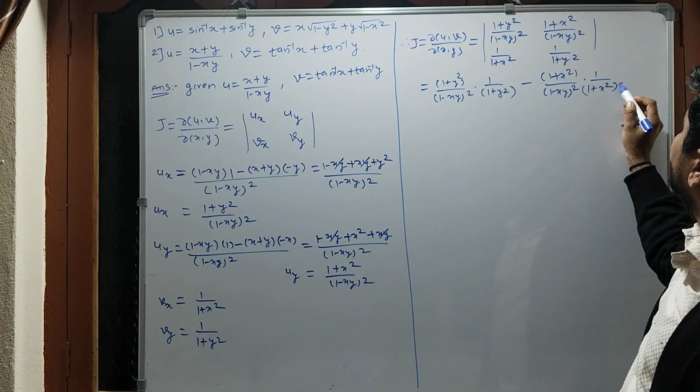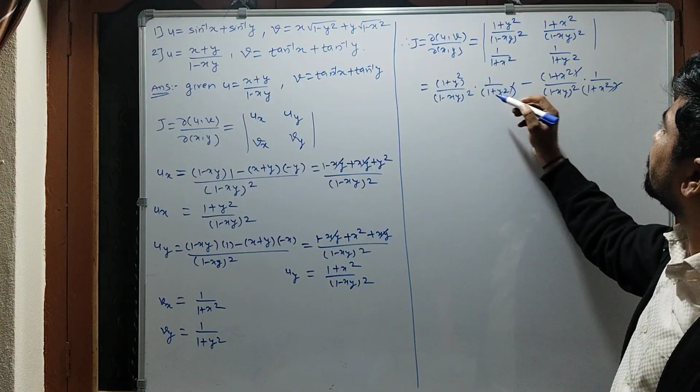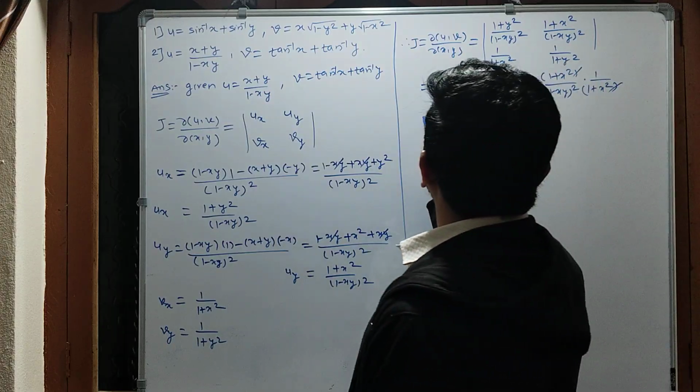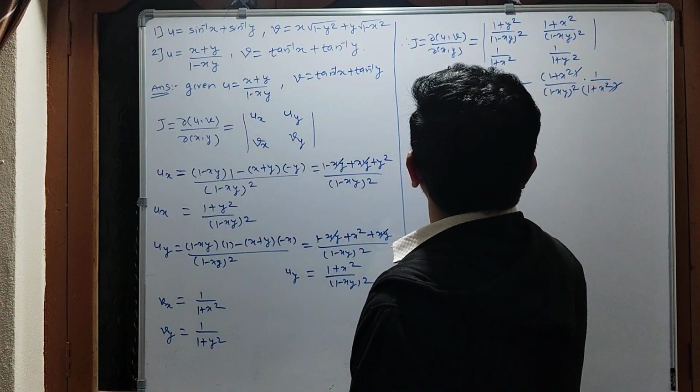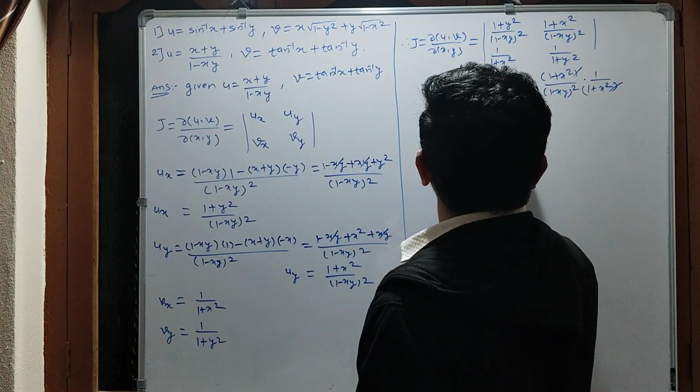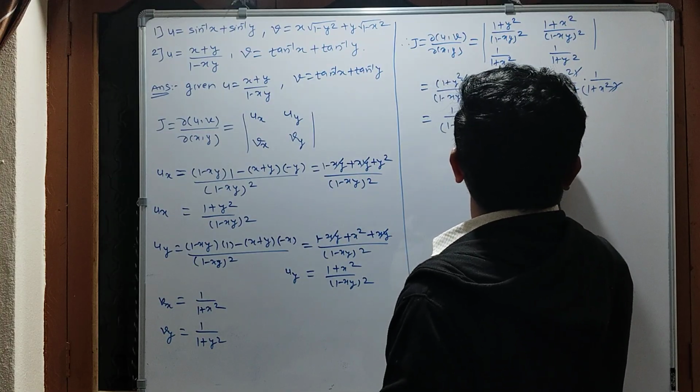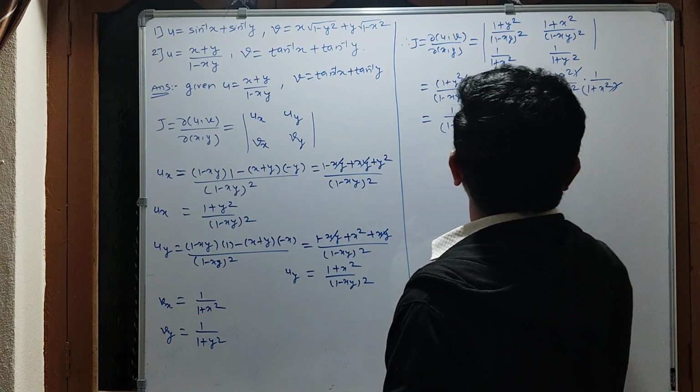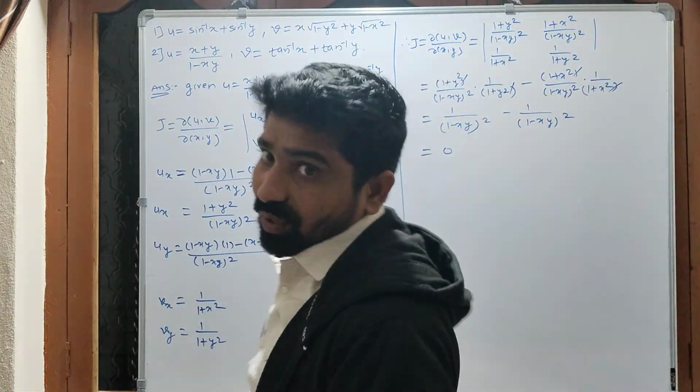These cancel with each other, which is equal to 1 by (1 minus xy) whole square minus 1 by (1 minus xy) whole square, which is equal to 0.